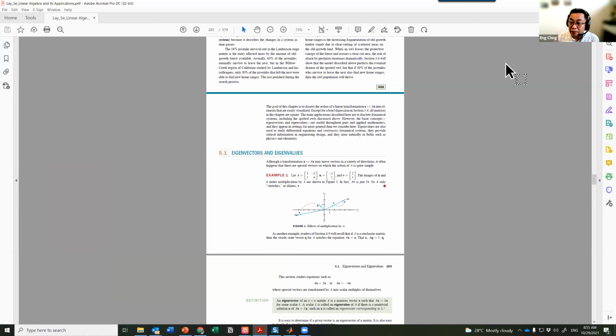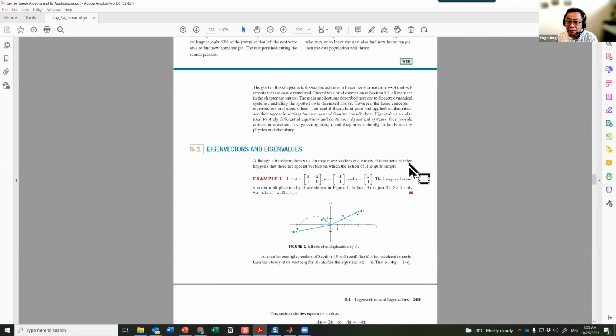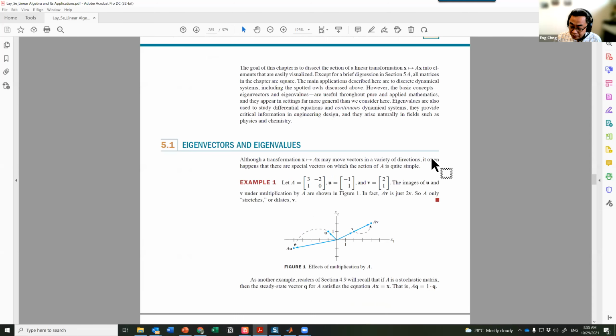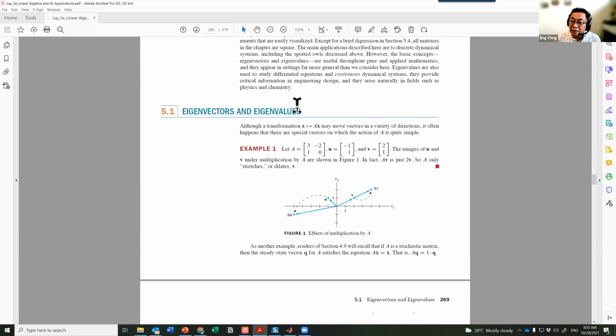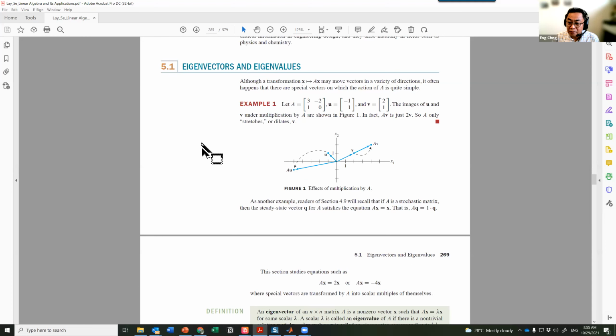So this is the chapter in Lay's book that you must read. And again, Lay couldn't animate, of course, in his book. So what did Lay do? Lay gives you this matrix A, which is 2 by 2, and then A is acting on U, A is acting on V. Where is U? U is this guy, which is minus 1, 1.